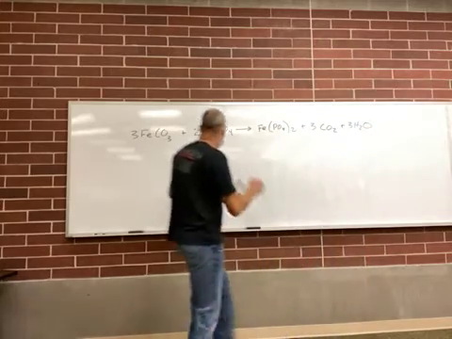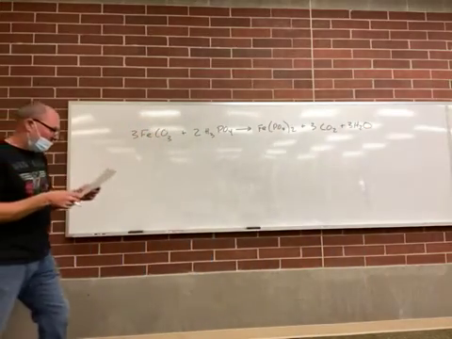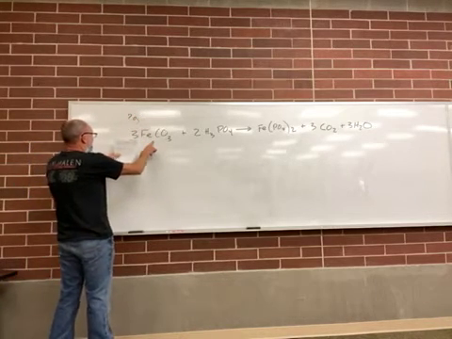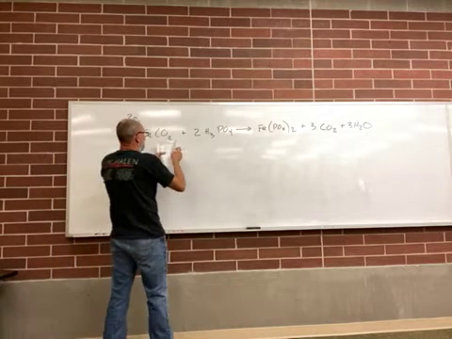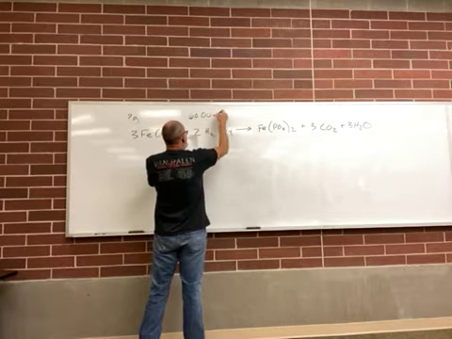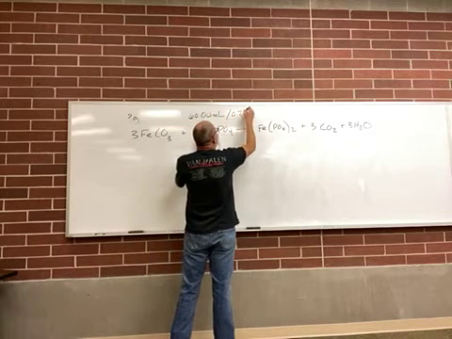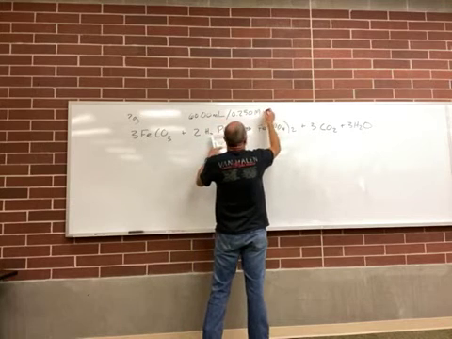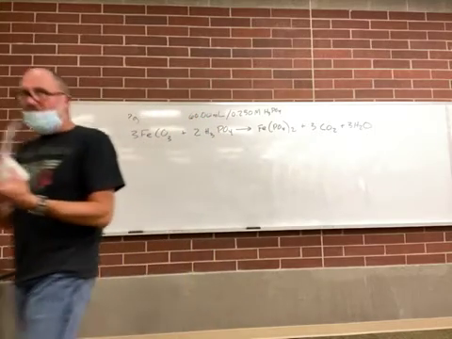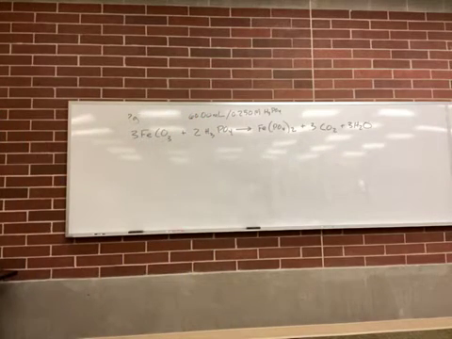Okay, so in this particular neutralization reaction, we want to calculate the grams of iron carbonate that will react with 60.00 milliliters of a 0.250 molar solution of phosphoric acid. Okay, set it up. How many grams of iron carbonate will react with 60 milliliters of a 0.250 molar solution of phosphoric acid?